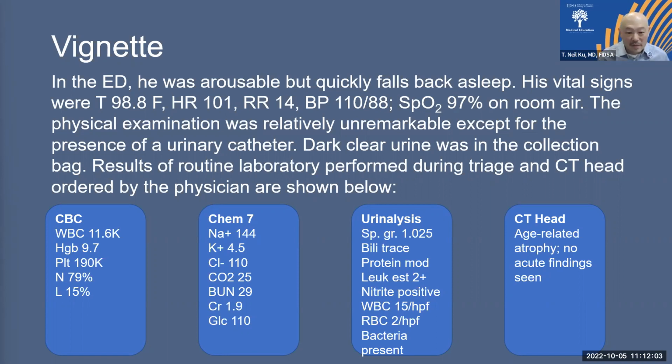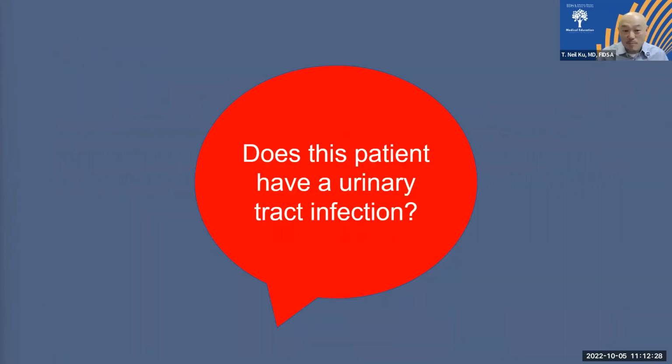Urinalysis shows 2+ leukocyte esterase, nitrite positive, and a microscopic exam showed 15 white blood cells per high power field and the presence of bacteria. Finally, the head CT, always typically ordered in these scenarios, shows some age-related atrophy but no acute changes. So the question is, does this patient have a urinary tract infection?